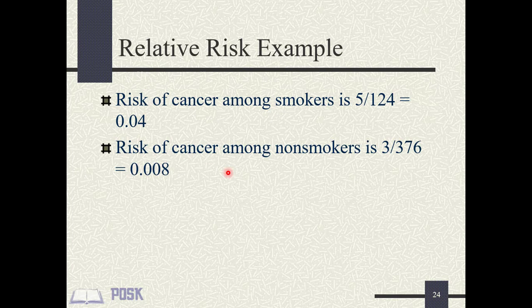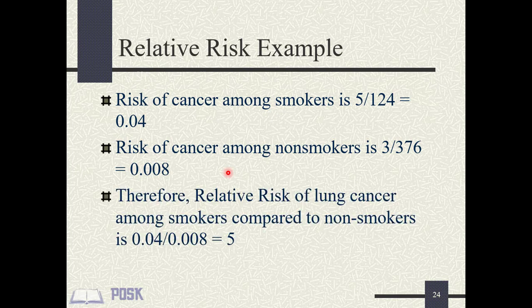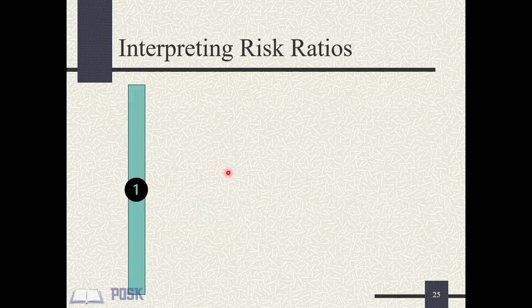Risk of cancer among non-smokers is 3 divided by 376, which will give you 0.008. Therefore, relative risk of cancer among smokers compared to non-smokers will be 0.04 divided by 0.008, which is equal to 5. How do you interpret relative risk?